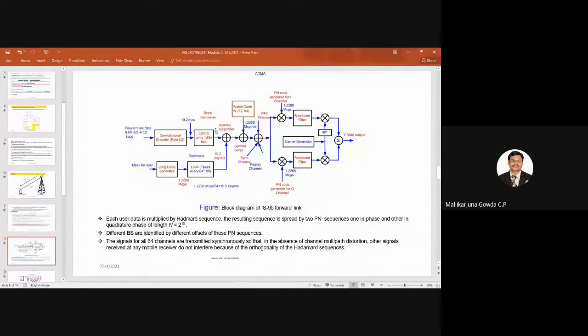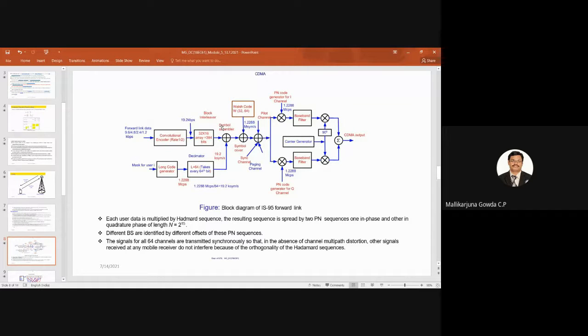The purpose of this block interleaver, as I said, is to overcome the effects of burst errors that may occur during the transmission through the channel. Let me explain how the blocks are interleaved.